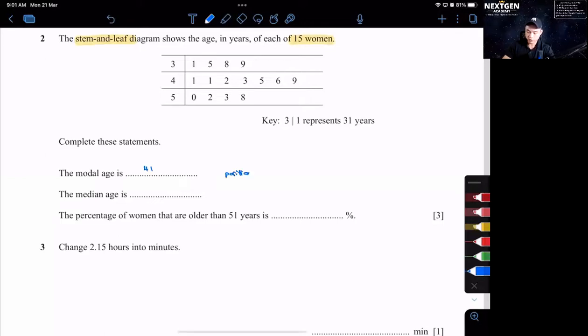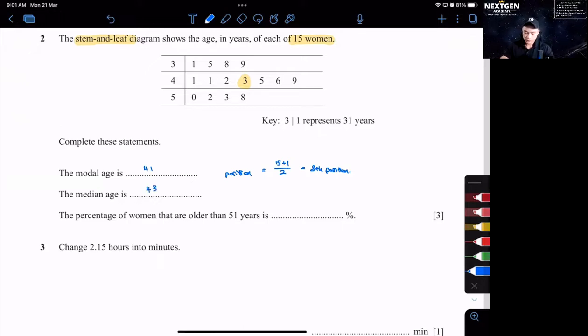This works not only for stem and leaf diagrams, but for most statistics methods. Find the total plus 1, always plus 1. So 15 plus 1 divided by 2, you get the 8th position. This is not the value itself, this is the position, so you have to count: 1, 2, 3, 4, 5, 6, 7, 8. Over here, this woman who is 43 years old, which I highlighted, is the median age.